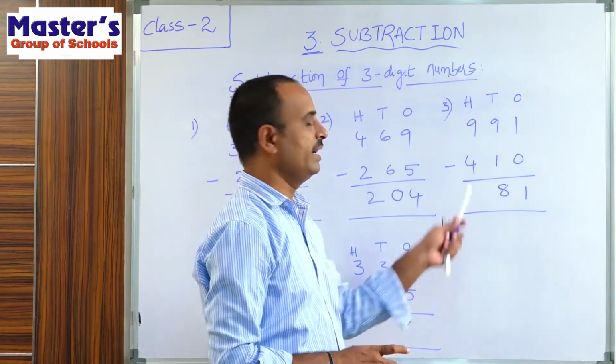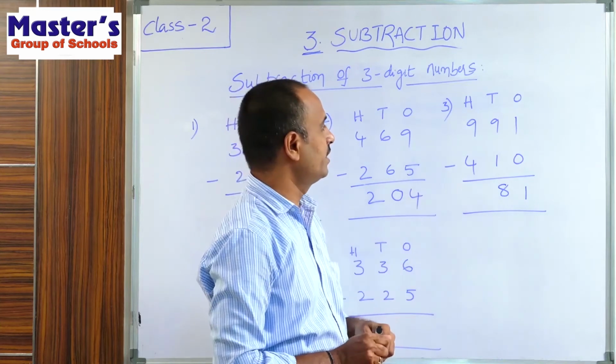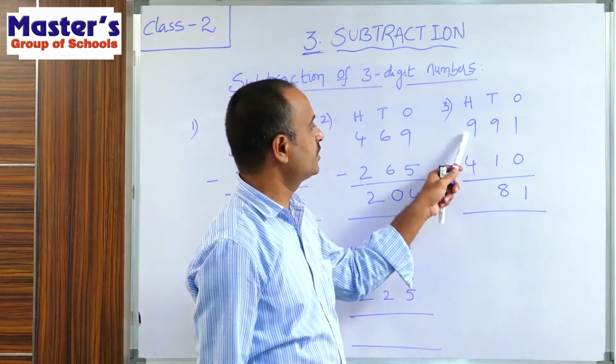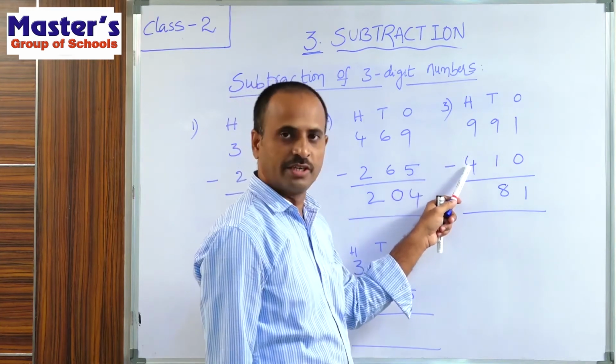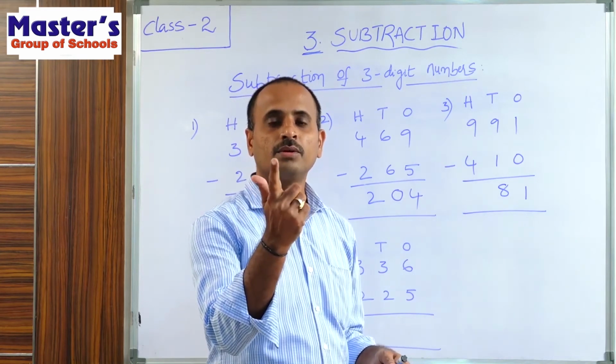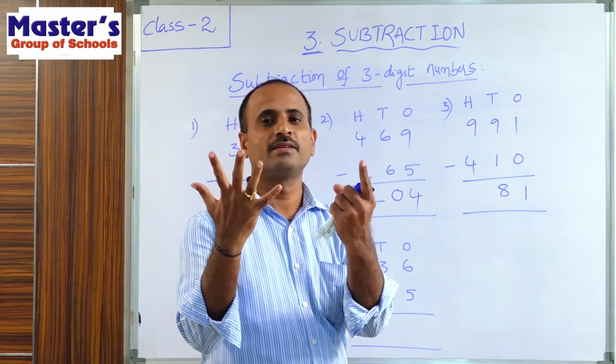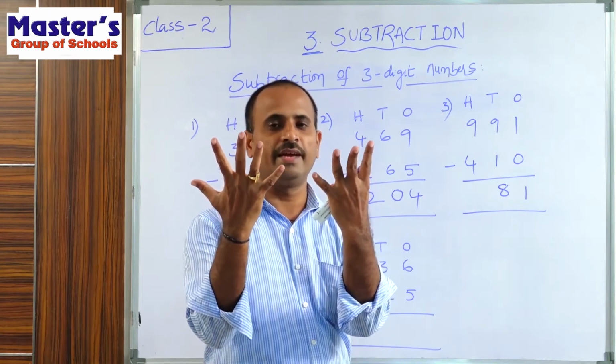Next, go to the hundreds place. So subtract the digits present in the hundreds place. So what are the digits present in the hundreds place? The first digit is 9 and the second digit is 4. So open 9 fingers of your hand. 1, 2, 3, 4, 5 and 6, 7, 8, 9.